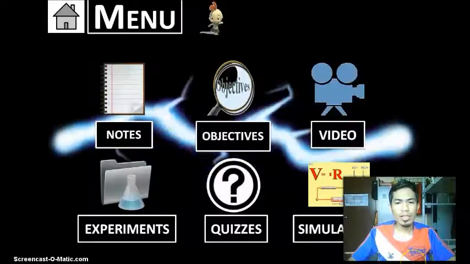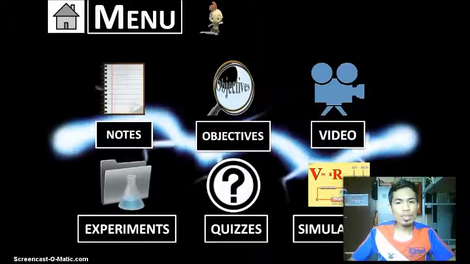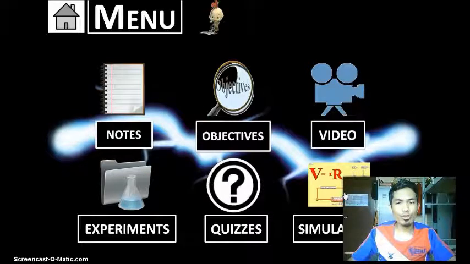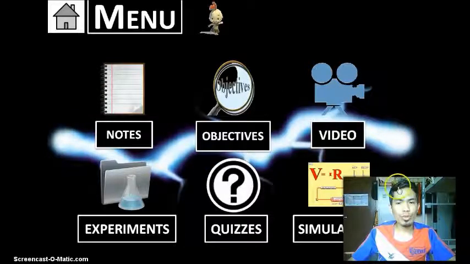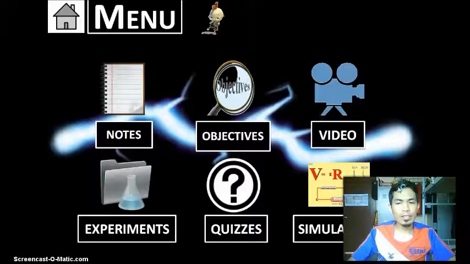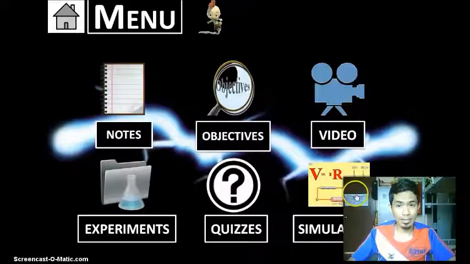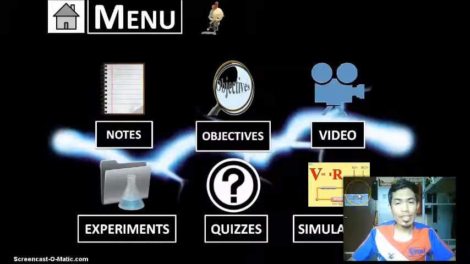Okay, next, this is a simulation, a simple simulation that you can use to get the value of current when you change the voltage and resistance.